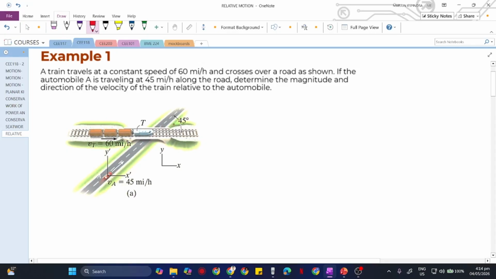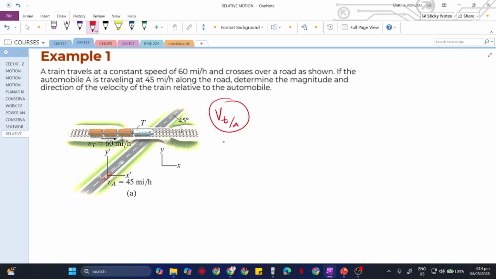If the automobile A is traveling 45 miles per hour along the road, this will be its velocity, no? So, it has x and y prime components. Determine the magnitude and direction of the velocity of the train relative to the automobile. So, we need to solve for the velocity of the train with respect to the automobile. That's what we will get.